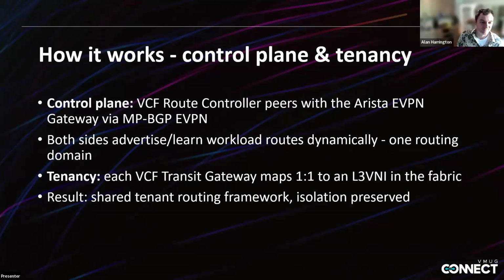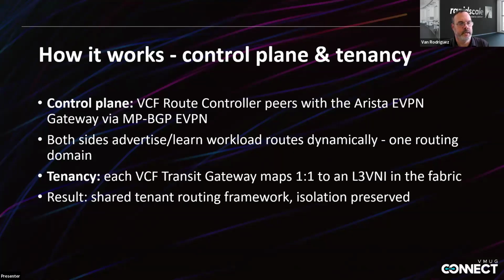So going through the announcement and how we see it working, and I believe there's already some videos out there on how this actually works. But first, you have to set up the control plane between the VCF route controller and your Arista EVPN gateways using BGP. Then both sides communicate their routing to one another.